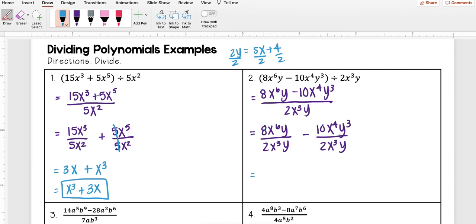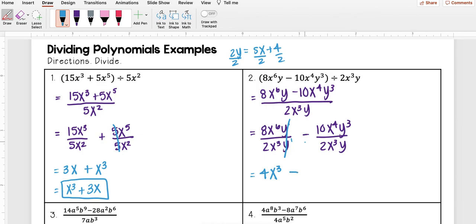So the first one, 8 divided by 2, I get 4. X to the 6 divided by x cubed, I want to subtract those exponents, so 6 minus 3, I get 3. Bigger exponents on top, so it's going to stay on top. And then y divided by y, these are really exponents of 1, so 1 minus 1, I get 0. But anything to the 0 power is just 1, so really, those just cancel out.